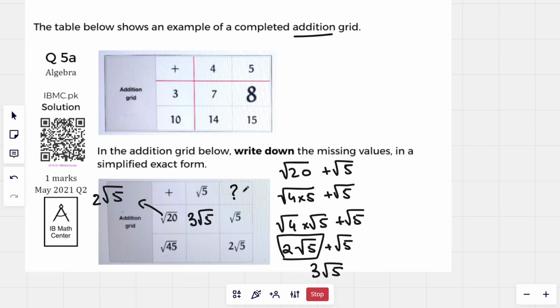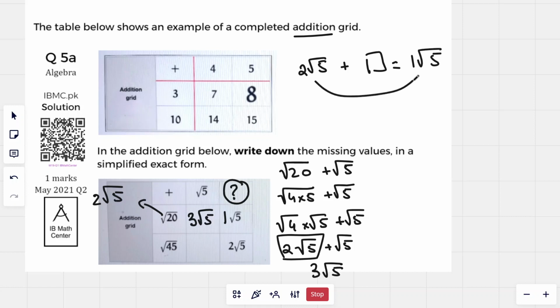So what should be the number here? That 2 square root 5 added to what is 1 square root 5? Let's write that down. 2 square root 5 plus what is 1 square root 5?